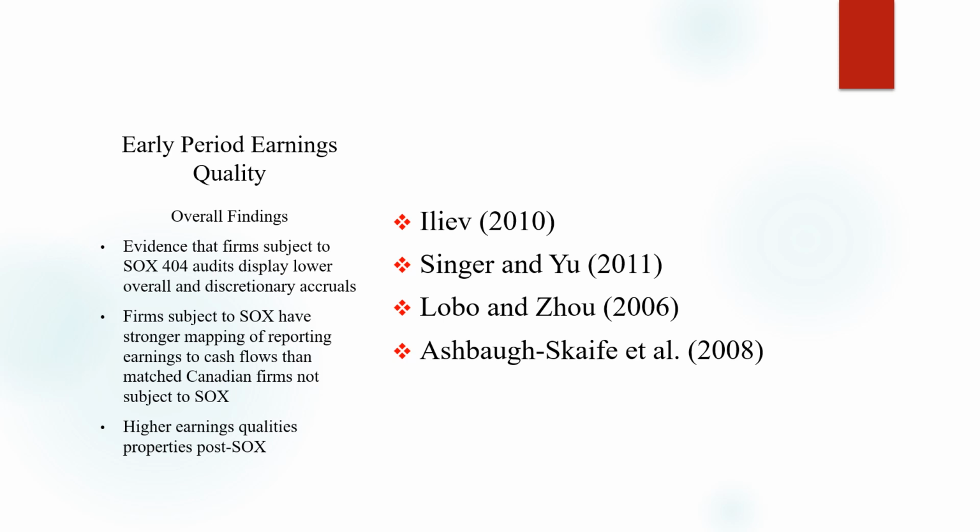Any firms who had a deficiency and then had to go through the remediation following that, there was an uptick in the measures of earnings quality for those firms. Altogether, once again, suggesting the same thing, and that is that Sarbanes-Oxley is having a positive effect on the quality of reported earnings.